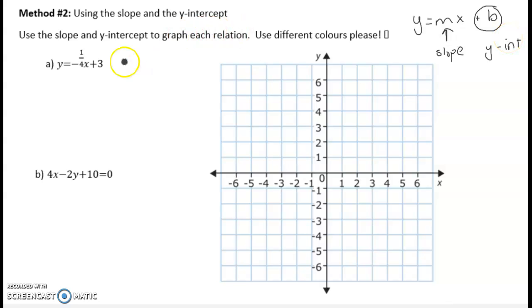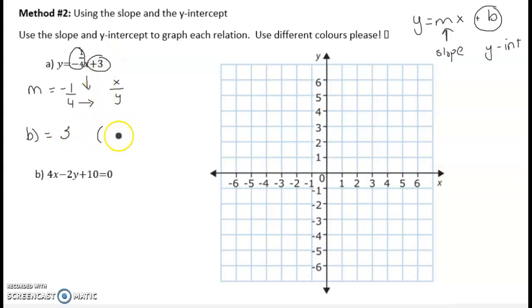Okay, so the first one, my slope, I look at my m, so it's -1/4. And then, so that means I'm going down 1, because remember it's x over y, so x is down because it's negative, and then my y is +4, so it's going to the right. Then I look at my y-intercept, and my y-intercept is +3.